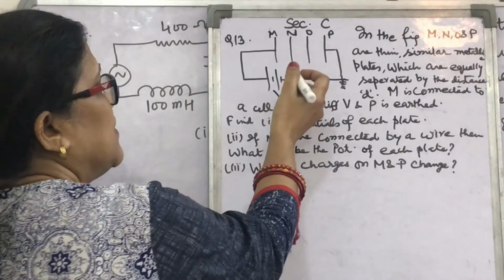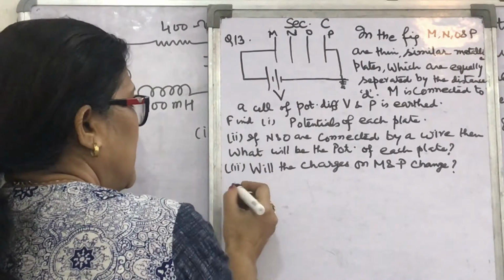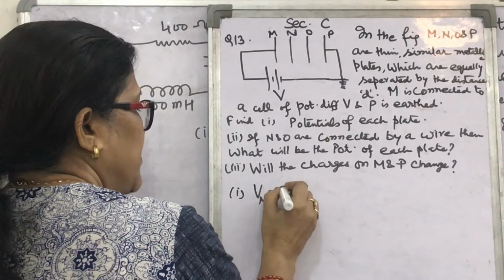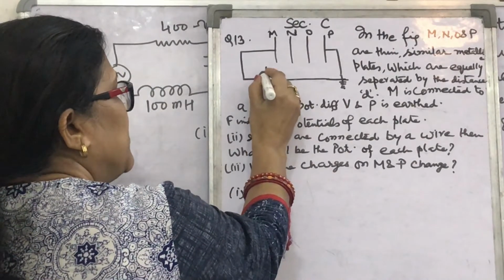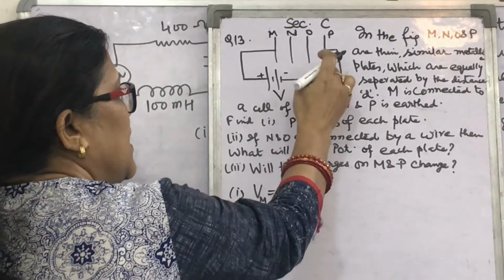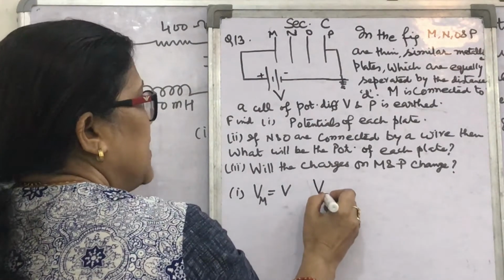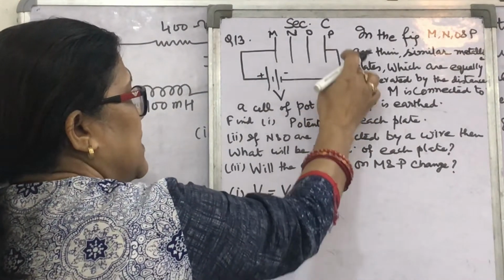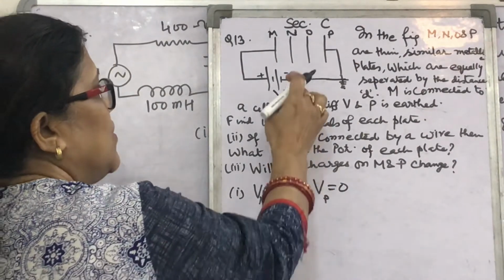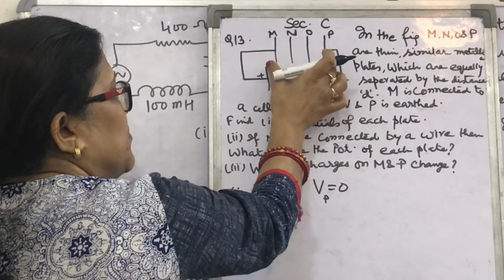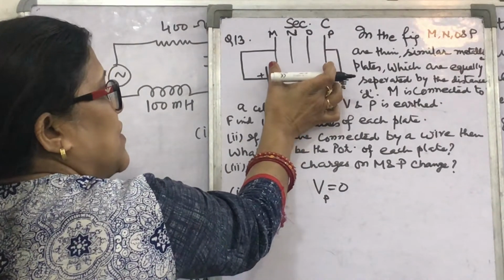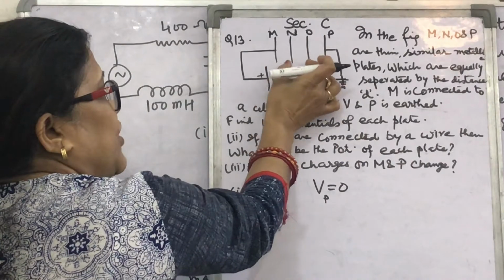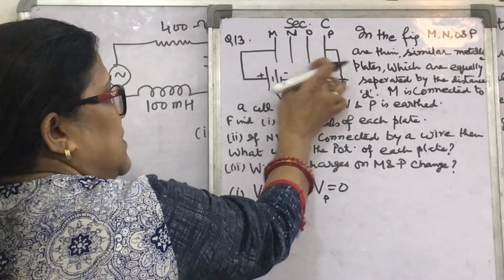Look here. At M, if you write the answer, then V of the plate M will be equal to V. It is connected with the positive terminal of the battery, and you can write directly that Vp will be 0, because it is considered with respect to earth at 0 potential. What about N and O? The potential difference is V in total, and these are 1d, 2d and 3d.